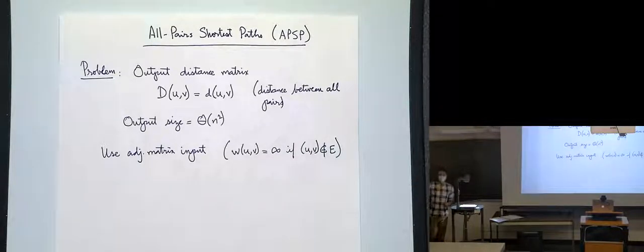So think of weight as the distance in one hop. So we use the adjacency matrix input. Why do we do that? Because the output itself is n squared, so you might as well imagine the input is n squared. This will be convenient, the adjacency matrix representation.